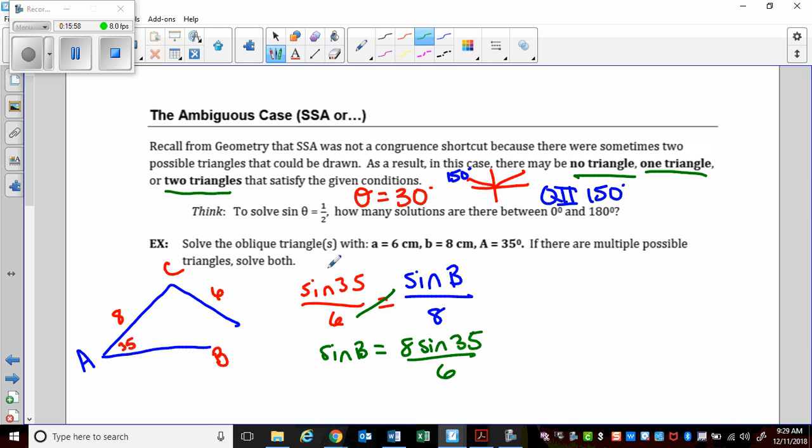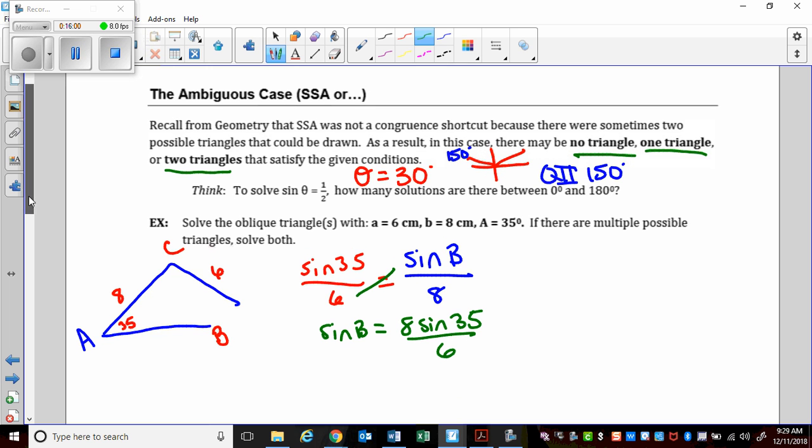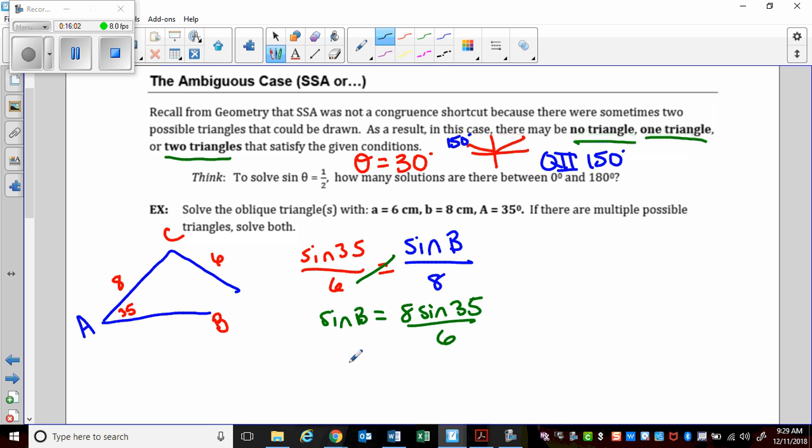If we plug this into the calculator, the sine inverse, we're going to get B equals approximately 49.9 degrees.